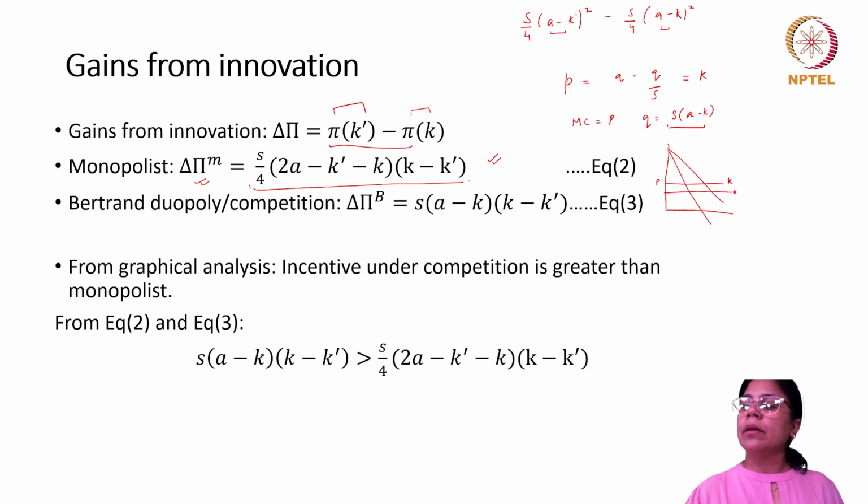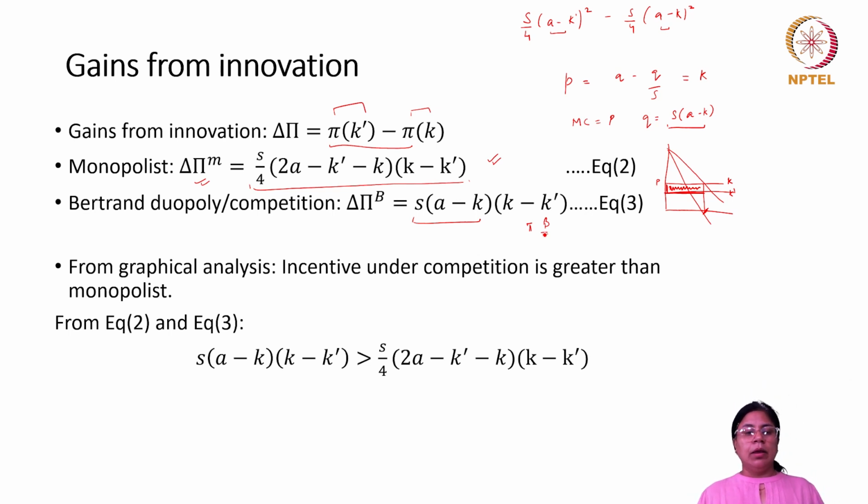But suppose this is what they are selling at that particular point, so this is the new k prime, so they will continue to sell the same amount, that is s into a minus k, and the difference in the k and k prime will determine their profit. So once you multiply that, you will be able to get the profit which will be made by the Bertrand competitor in a market.